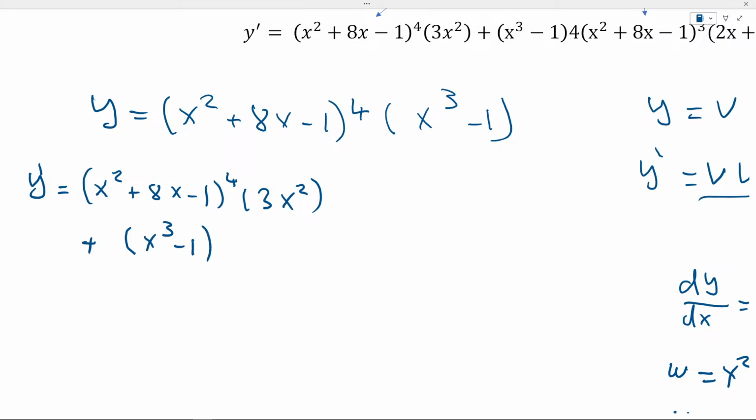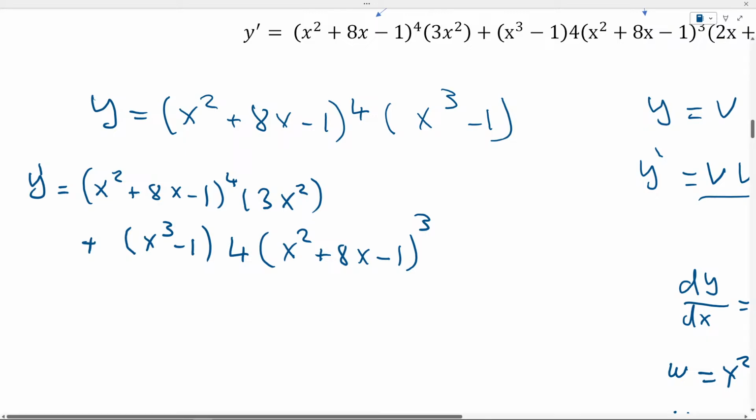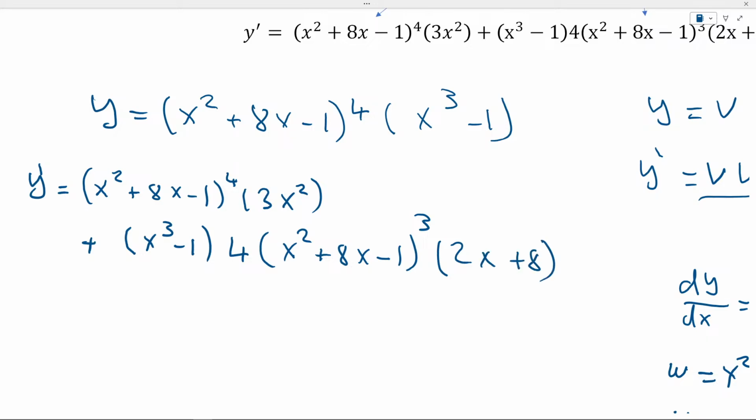If you have experience, you'll say the derivative of this function is easy. I just bring the power down, so that would be 4 times (x squared plus 8x minus 1), just the usual power rule, but now I need to find the derivative of what is inside, so that would be 2x plus 8.